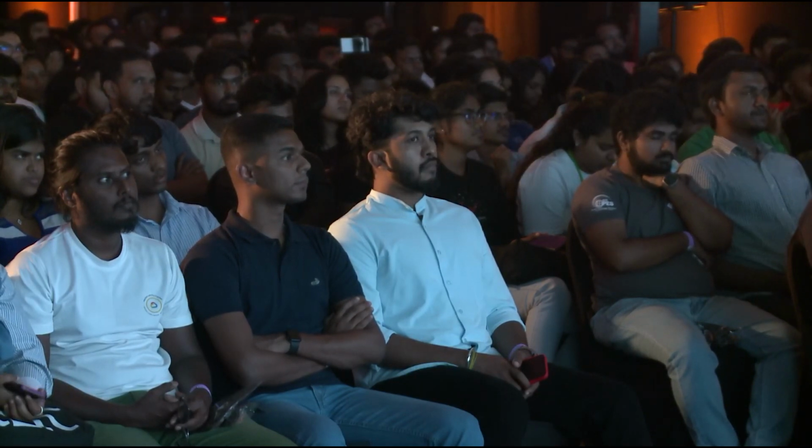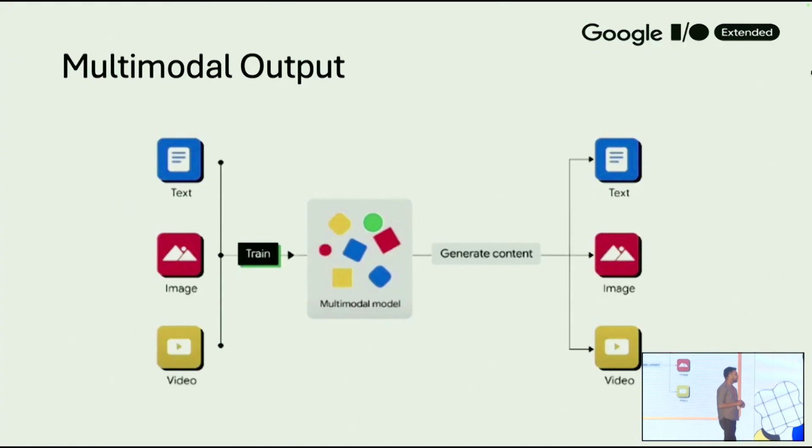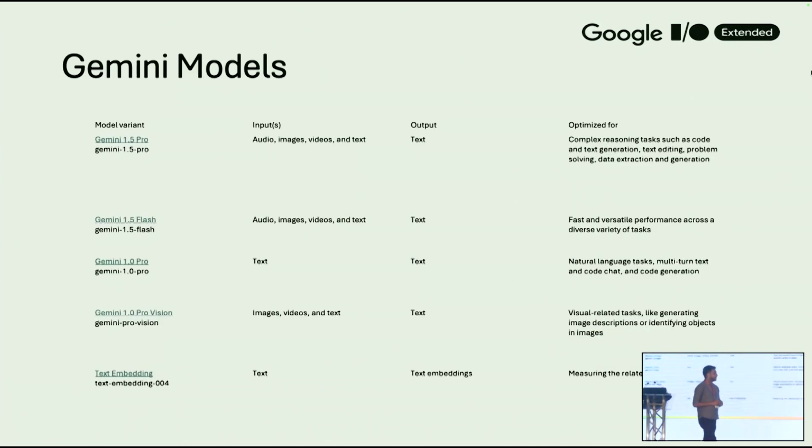So for that, you have to use a multimodal model. Okay? Then what is a multimodal model? So if you take Gemini 1.5 Pro or Gemini 1.5 Flash, then it's a multimodal model. So you can input audio, text, videos, and generate the output from that.